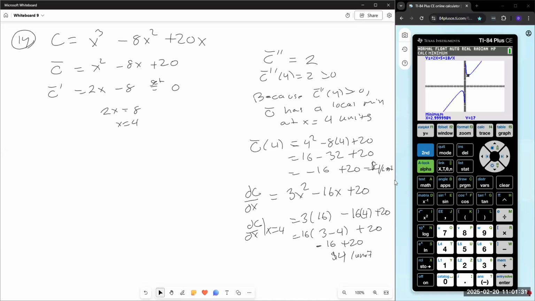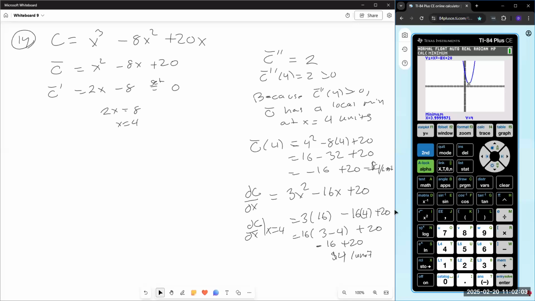And I'm going to graph C bar, picking the right equation this time, x squared minus 8x plus 20. Second calc, minimum, enter, get to the other side of it, enter, come back and make a guess, enter, and that is about 4.